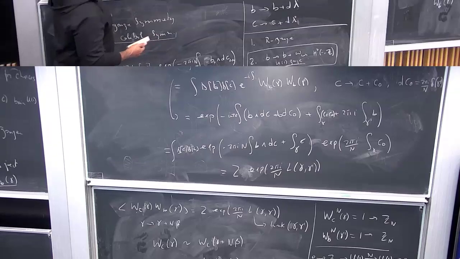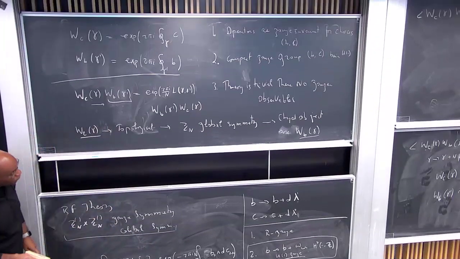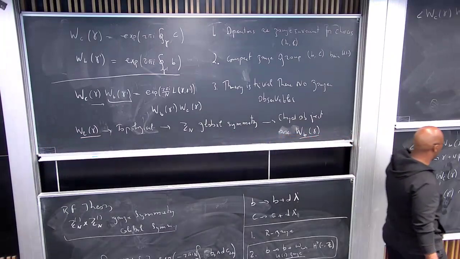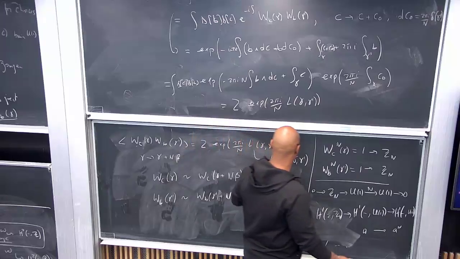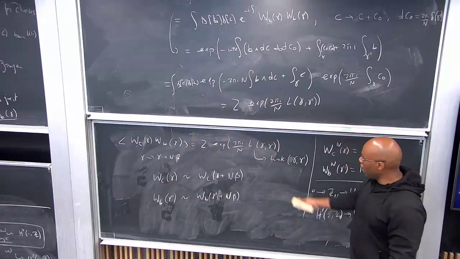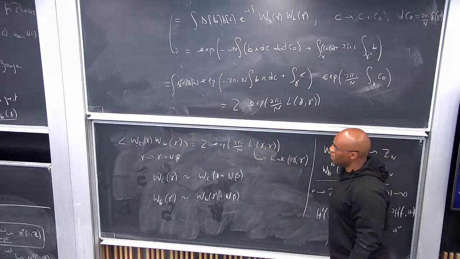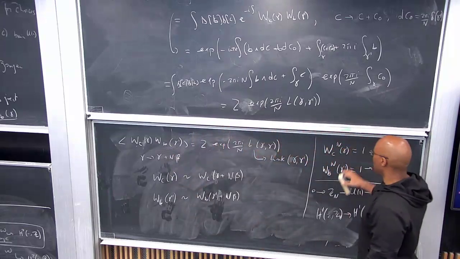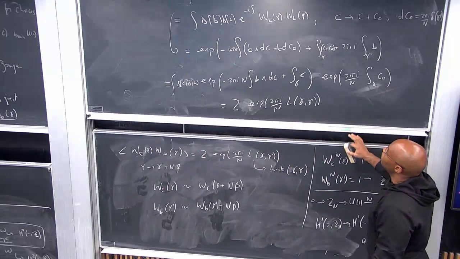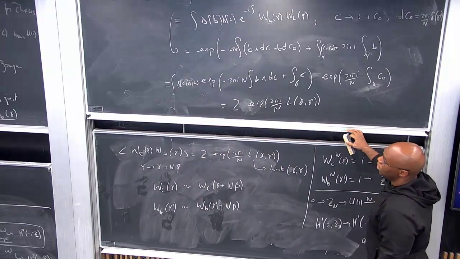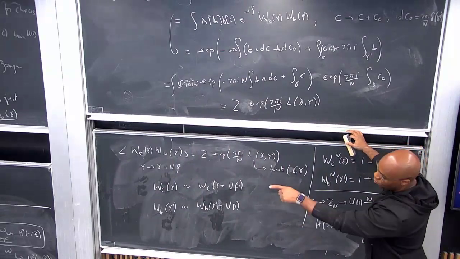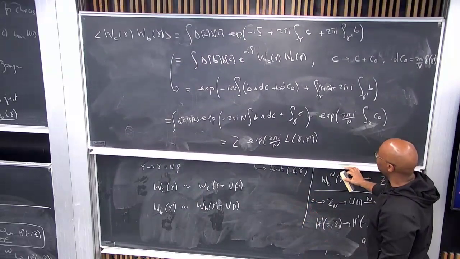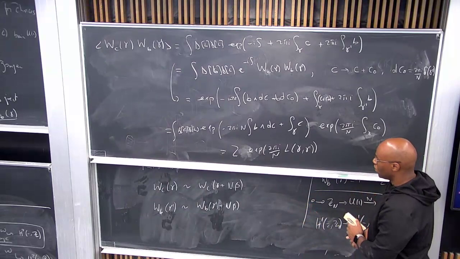So this statement here, you could ask, how do I show that this statement is true? Here we computed the correlation functions and saw that you get a phase, which is a link, and this phase is the charge under the group action over there. A question you could ask is, how do I actually see that these operators satisfy that condition? To see that, I have to study the quantization of this theory.